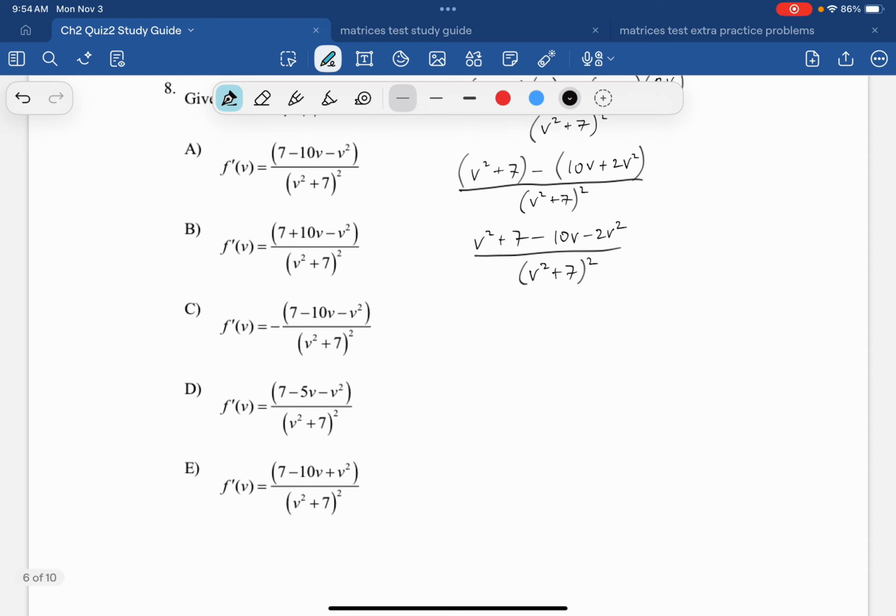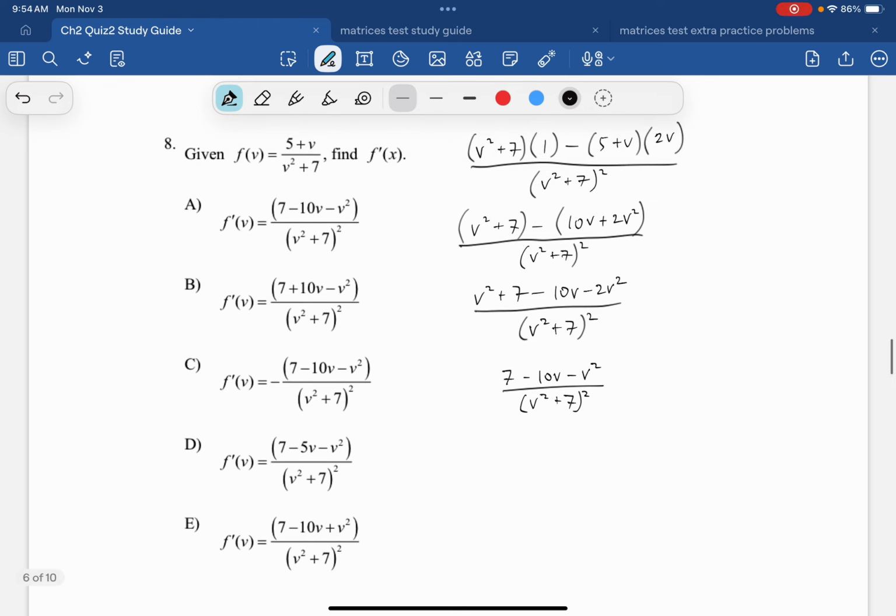Okay, and so that leaves me with, if I combine both of these v squareds, that leaves me with 7 minus 10v minus v squared, all over v squared plus 7 squared. Let's see if anything matches. Oh, that's just choice A, right?